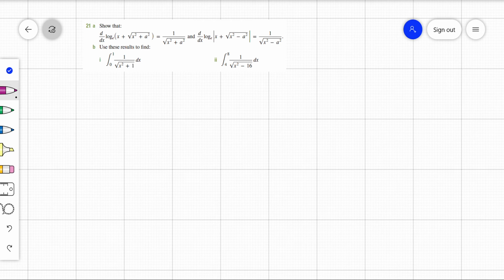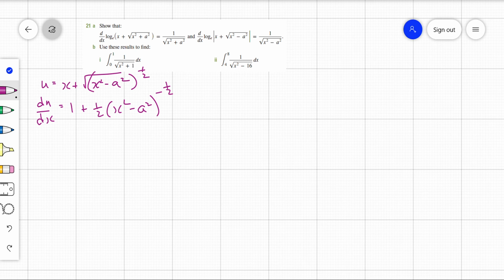we can let u be the inside. This time has a subtraction, so du dx being 1 plus, I should have put it to the power of a half, so a half x squared minus a squared to the negative a half times 2x using chain rule.